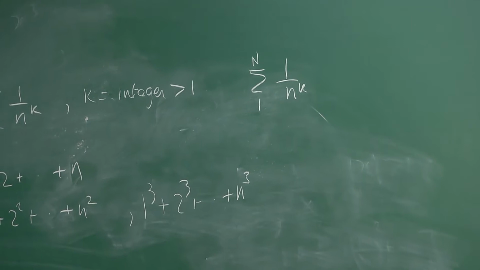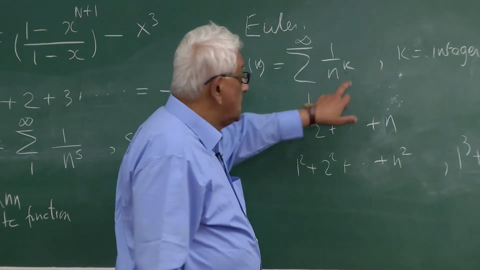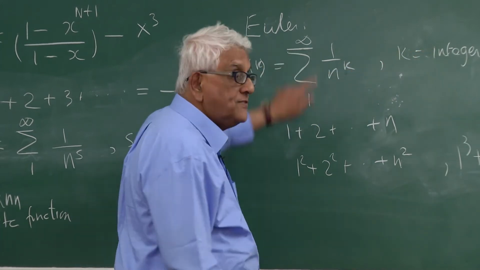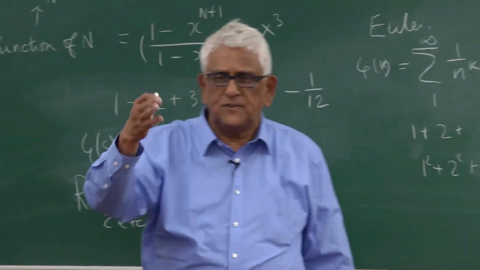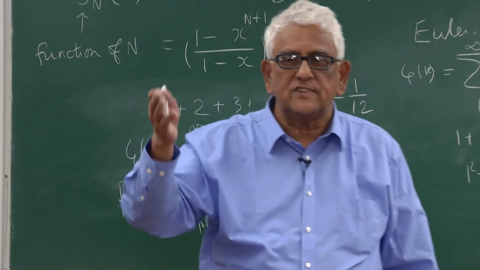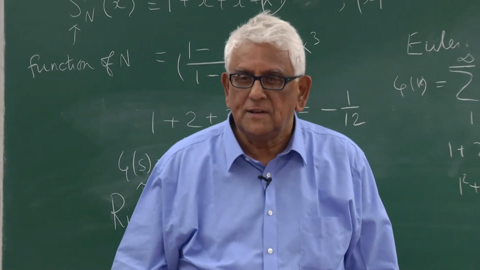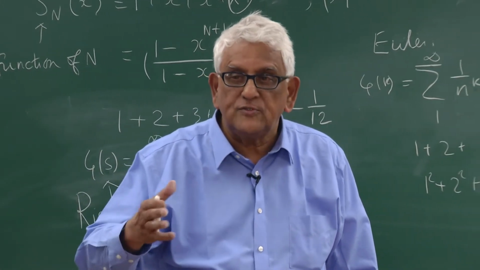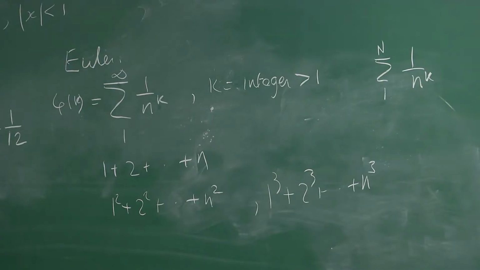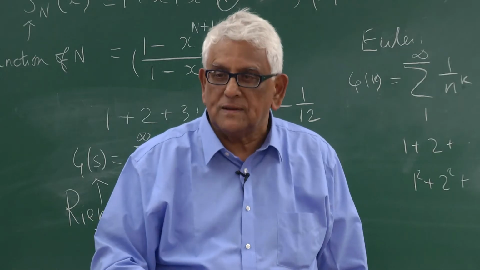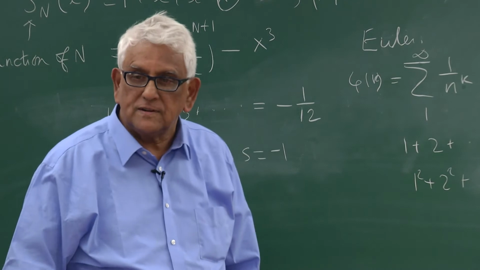And what Euler found, that when k was equal to 2, if you didn't stop at n, if you went up to infinity, this was, I forget the detail, but I think pi squared over 6 or pi squared over 8. So you get a very different type of answer. Instead of getting an integer, you suddenly get a transcendental number like pi, and it comes out of the thing. And this he had discovered.